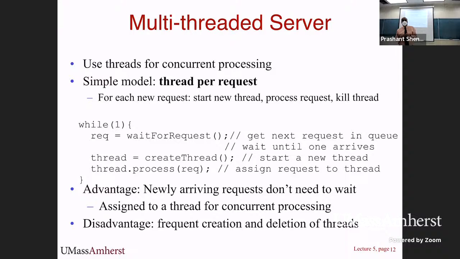Yes, question. It says maximum number of active threads. Is there an upper limit on the number of active threads that the process can have at any given time? Is there any limit on the number of threads? There is no limit. In fact, I would encourage you, if you have a machine, to look at the process table.